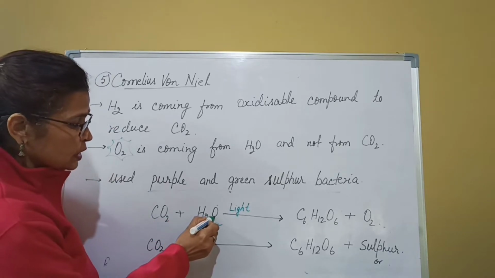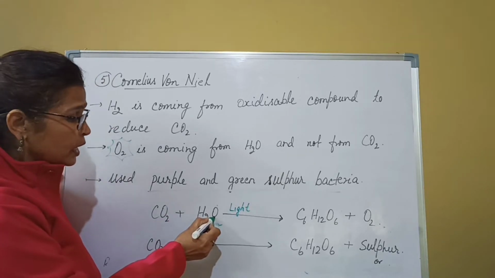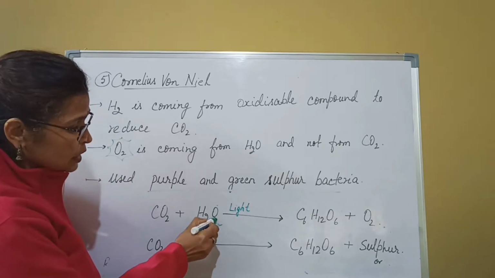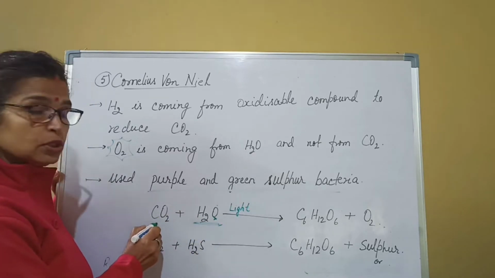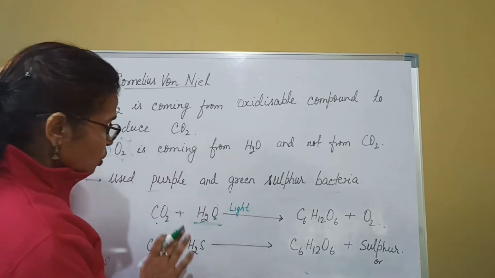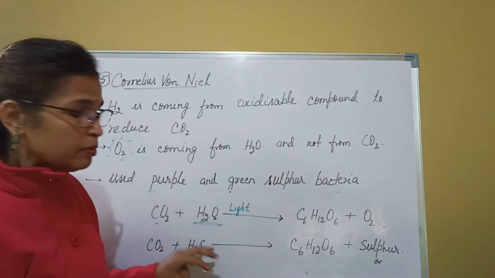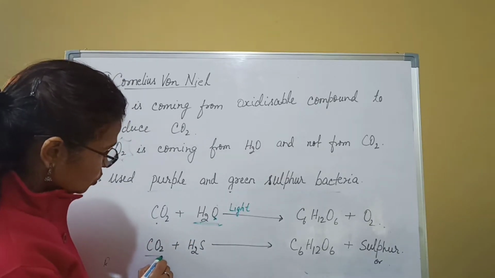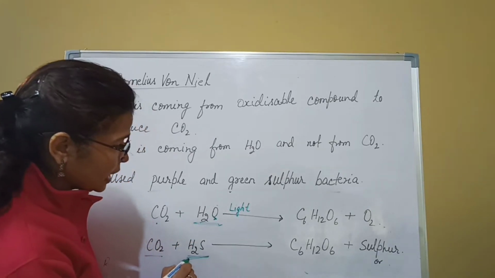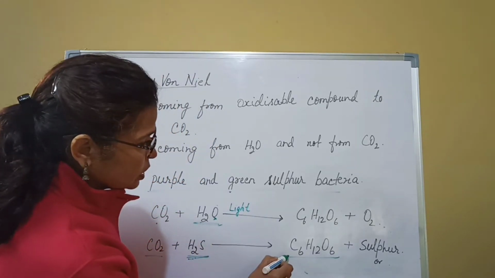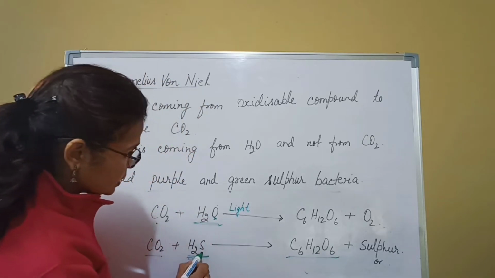This oxygen is released in the atmosphere as a byproduct of photosynthesis. This oxygen is coming from water, not from CO2. And he showed this by using the green and purple sulfur bacteria. Here CO2 is combined with H2S. So after making glucose, sulfur is released.